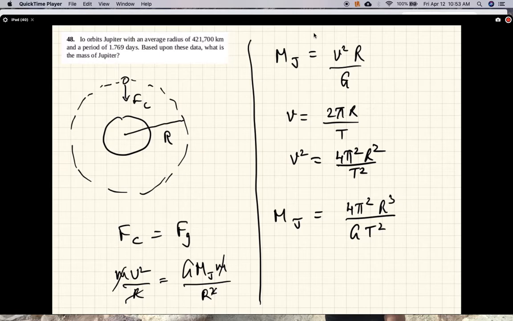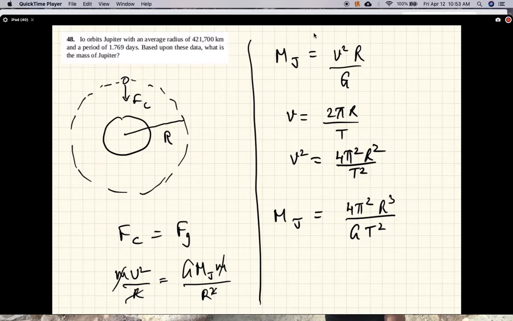But before we do that, let's add a page. Okay, let me copy this formula and put it in the new page.